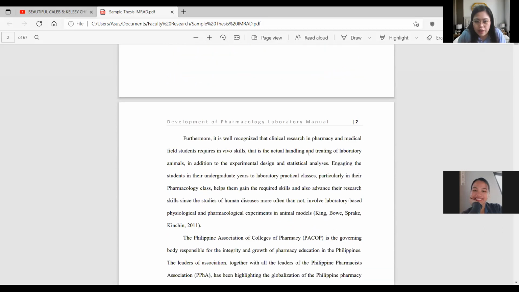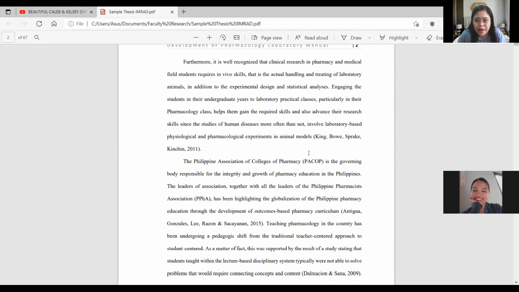Now, as we move on, this is where we see the parenthetical citations na. So for example, this paragraph, this comes from an article, daghan siya og author. So, pag 3 or 4 authors, you can actually include all their names.